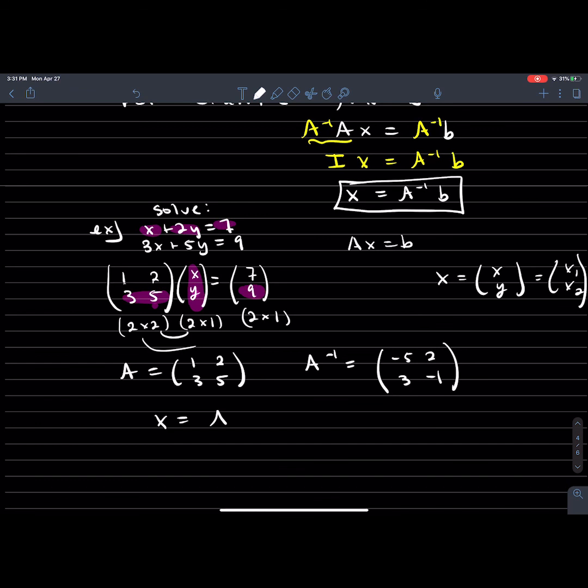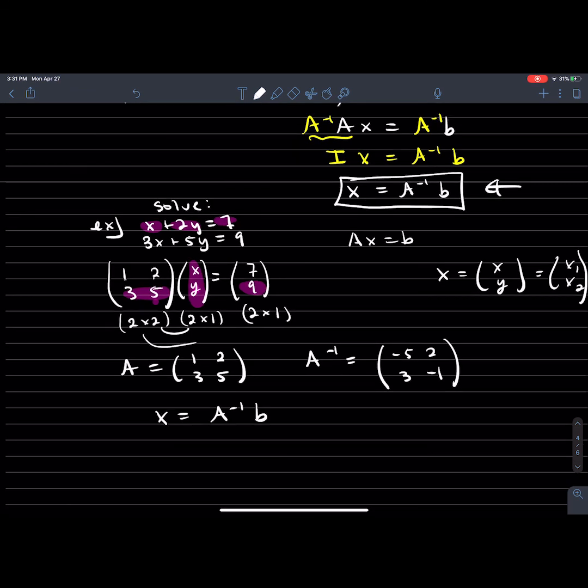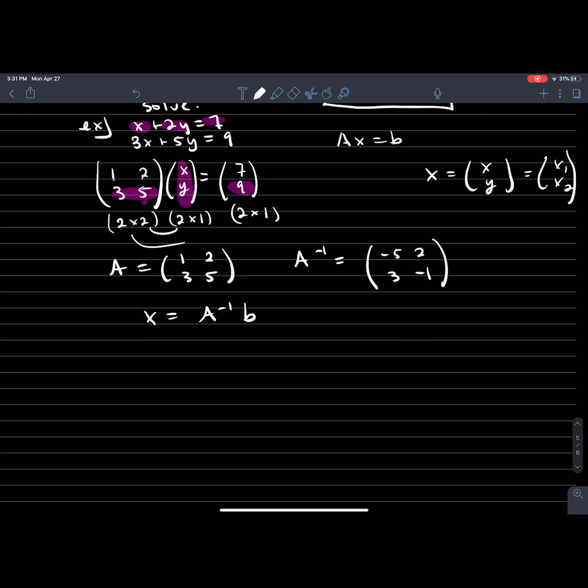X is equal to A inverse B when I solved for it right here. So my X is my X, Y, and my A inverse is minus 5, 3, 2, minus 1, times my B, which is 7, 9.